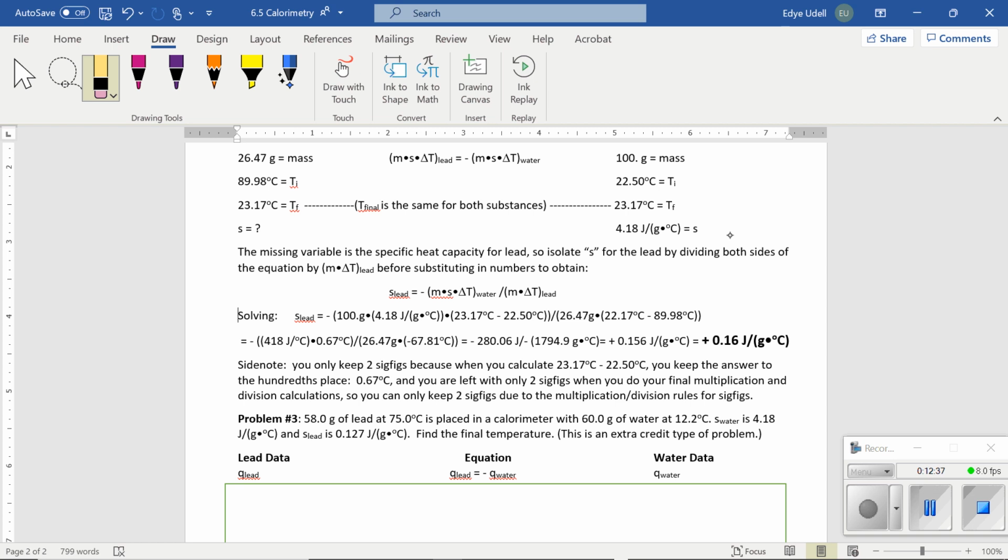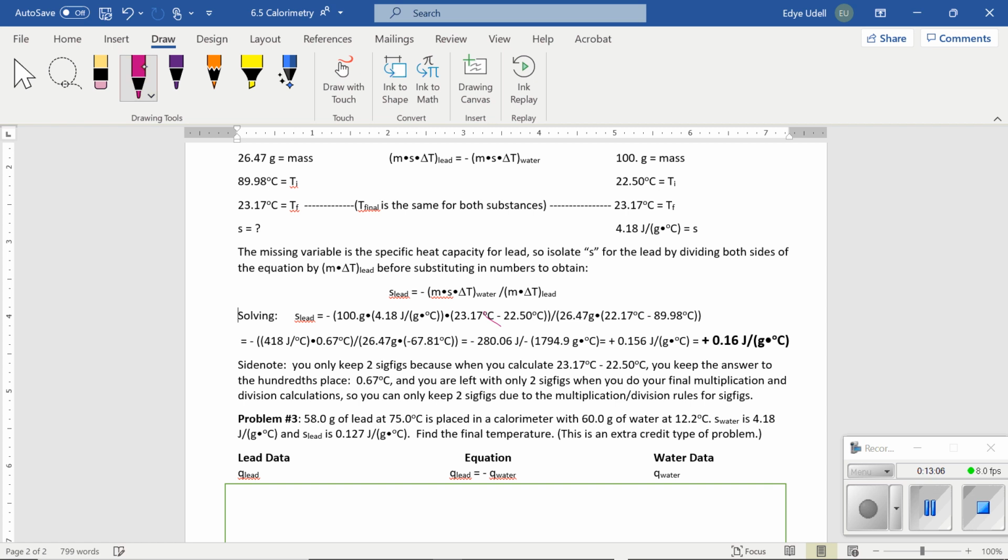So these grams and these grams don't cancel. What can I cancel? This is in the numerator, all my degrees Celsius, and in the denominator I've got these degrees Celsius.